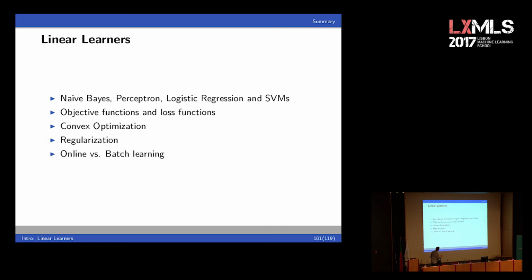So all of the models are linear models, and we use the techniques of convex optimization to optimize the parameters of these linear models. And those two techniques together, the linear model and convex optimization, I call linear learners.